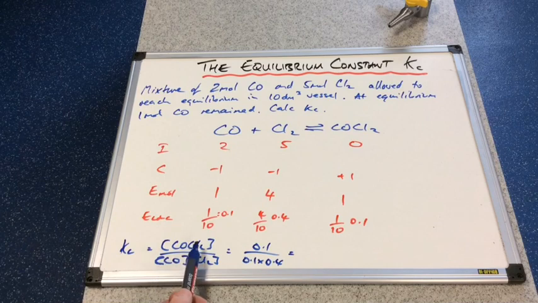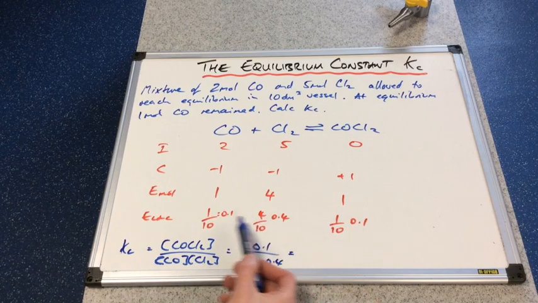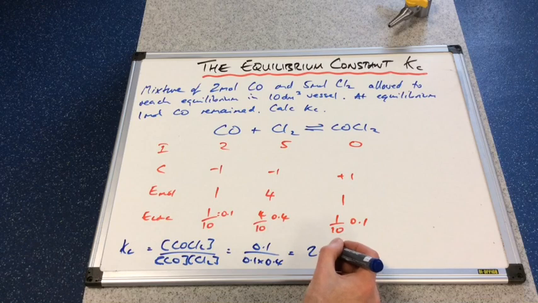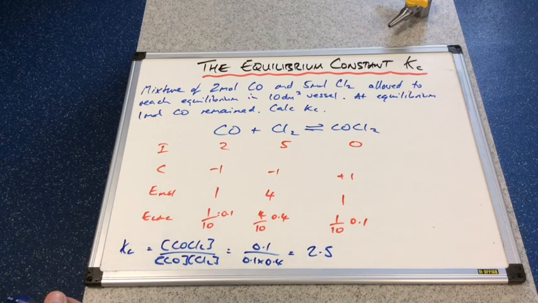Equilibrium concentration of COCl2 divided by the CO concentration multiplied by Cl2 concentration. So we'll feed in the equilibrium concentrations, 0.1 divided by 0.1 times 0.4, and that comes out at 2.5.